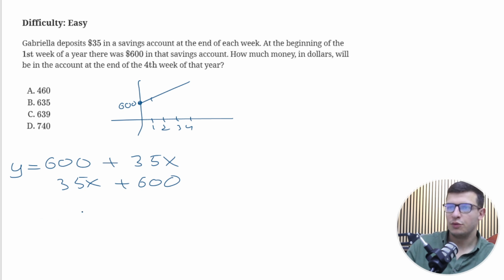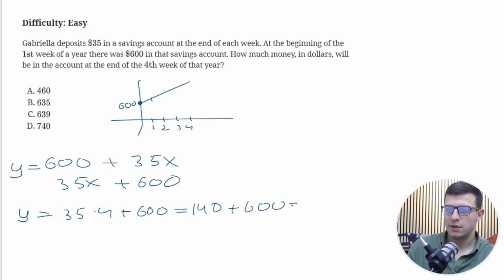So in 4 weeks, when x is equal to 4, y is going to be equal to 35 times 4 plus 600. 35 times 4 is 140, plus 600, so the answer is going to be 740. D.